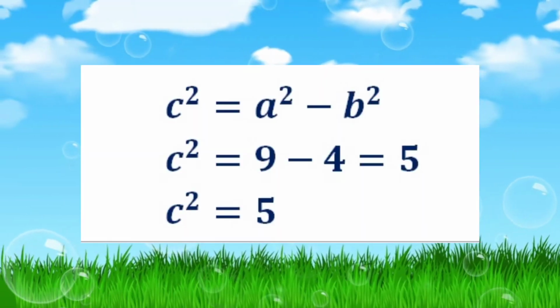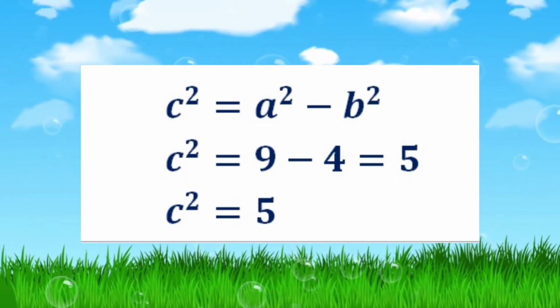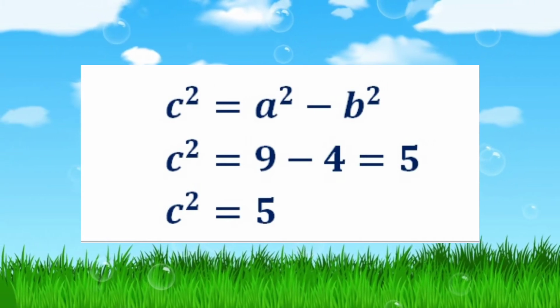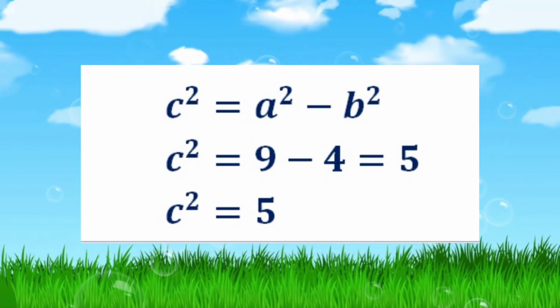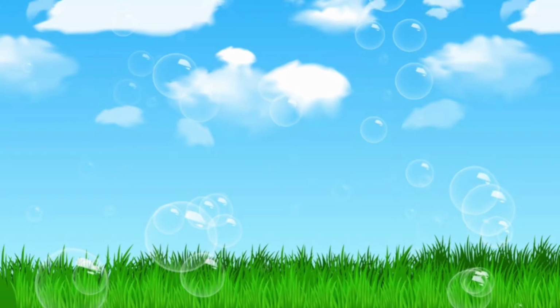So a squared minus b squared will result in our c squared. So our a squared is 9 and our b squared is 4. So 9 minus 4 equals 5, and that is the value of our c squared, 5.